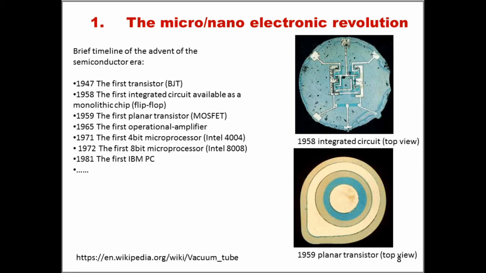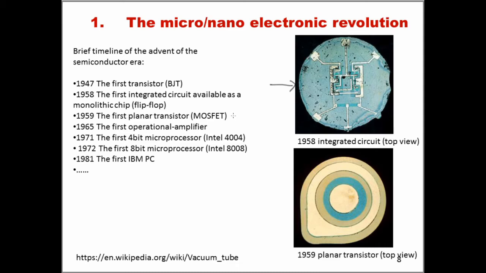A brief timeline of the advent of the semiconductor era. So we said in 1947 we have the first transistor, which was actually the BJT transistor. BJT stands for bipolar junction transistor. In 1958 we have the first actual integrated circuit, which you can see here on the top right image. And in 1959 we have the first planar transistor.